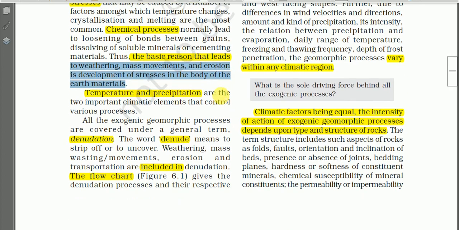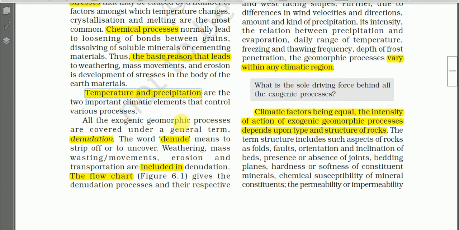Then temperature and precipitation are the two important climatic elements that control the various processes that I have explained earlier. When there is a difference in temperature, there may be a difference in the pressure system, and once there is a difference in the pressure system, wind may blow, and in this way exogenic processes are started.